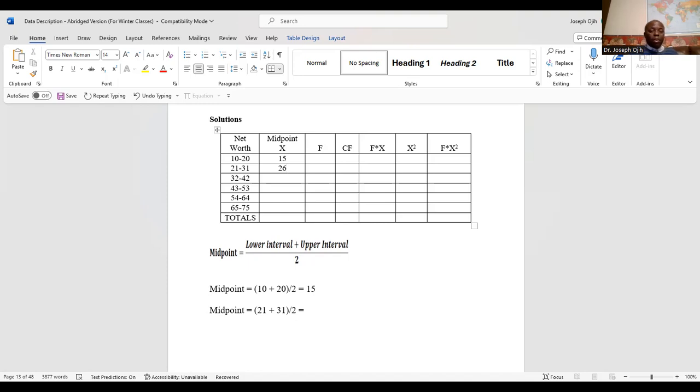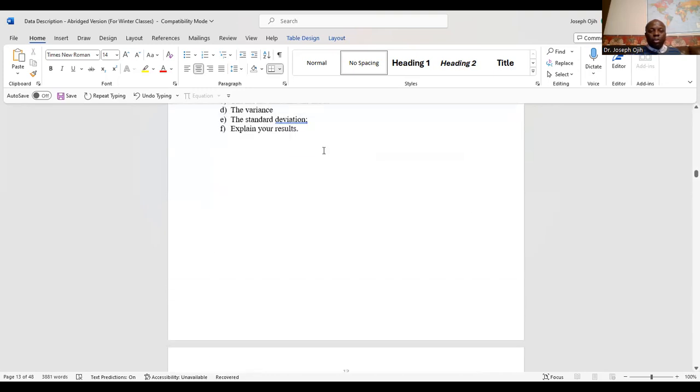The next one will be 37. The other one will be 48. This will be 59. And this will be 70. Now, the frequencies are given in the question.